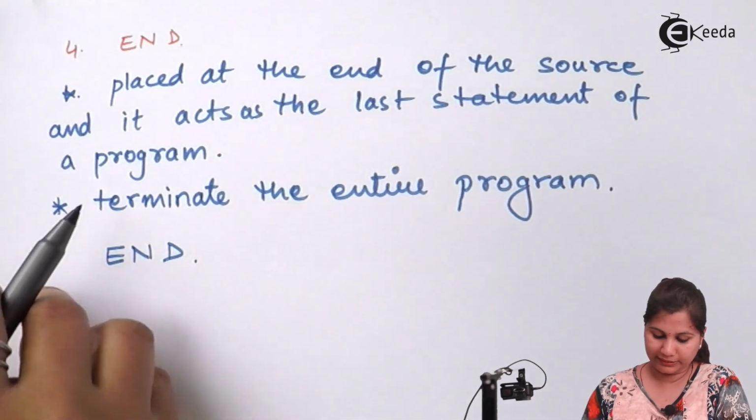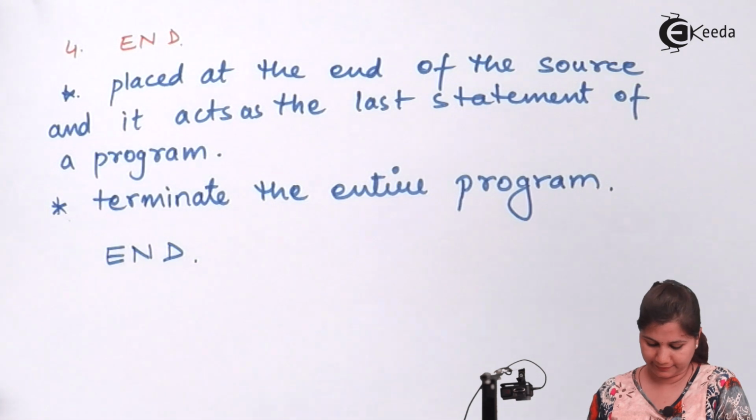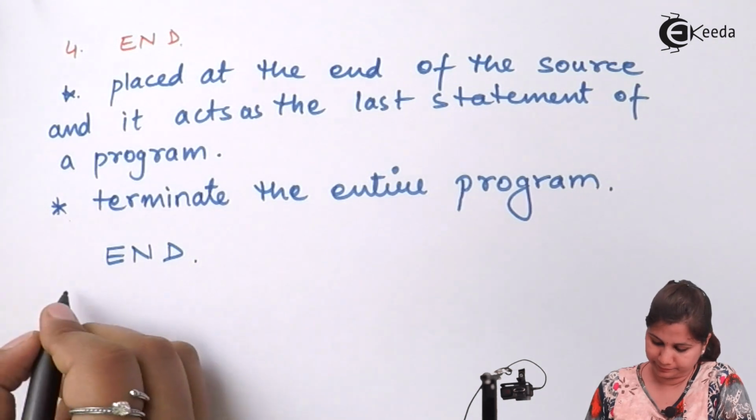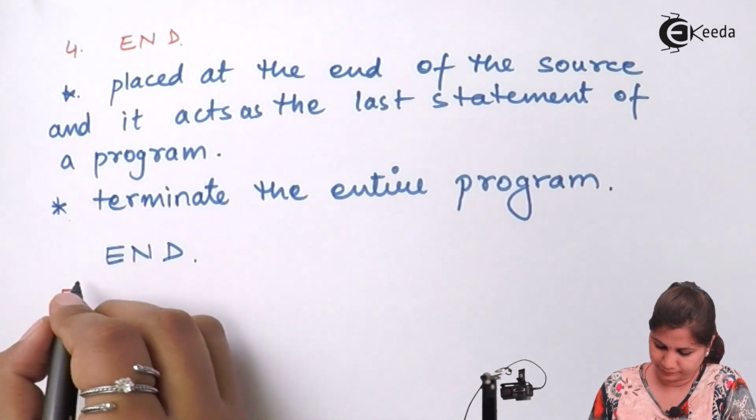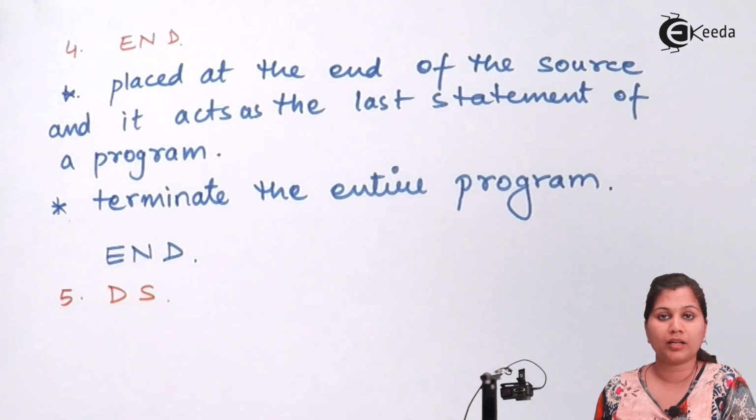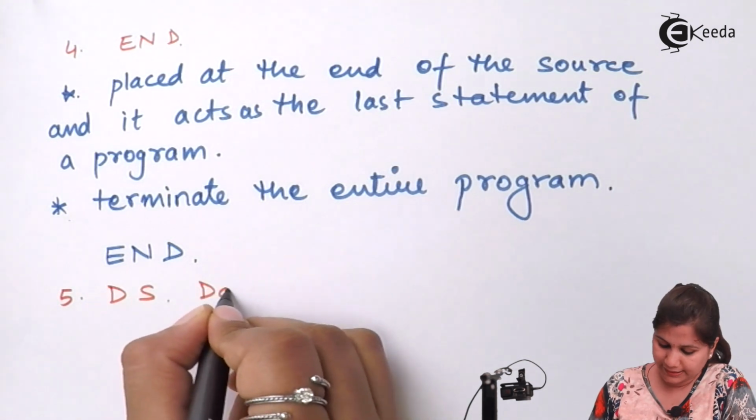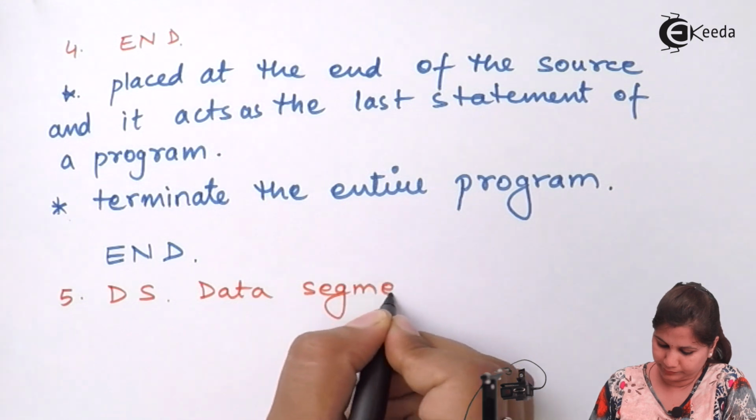Now next assembler directive is DS. Its full form is data segment.